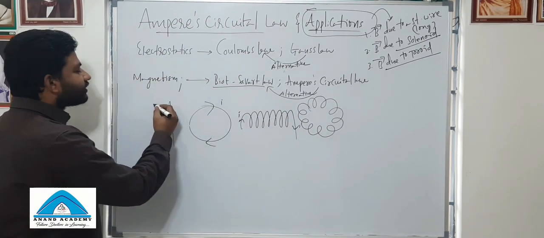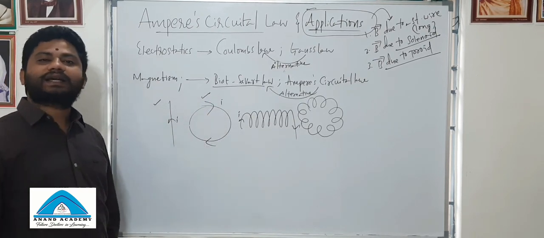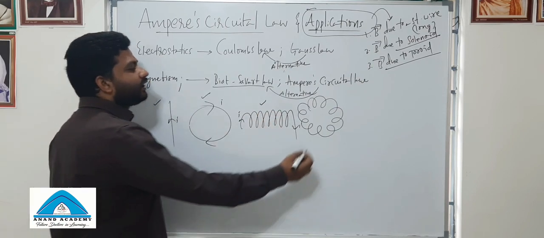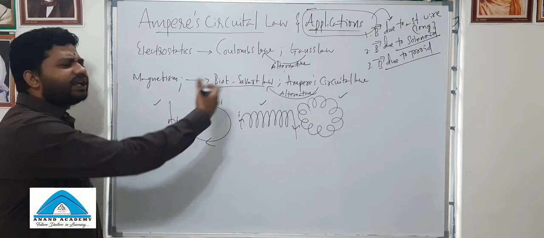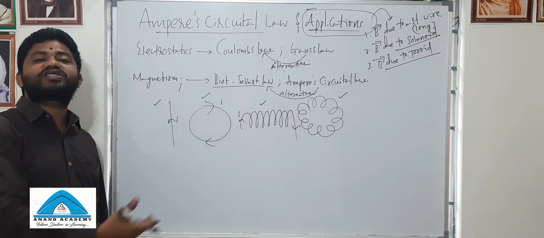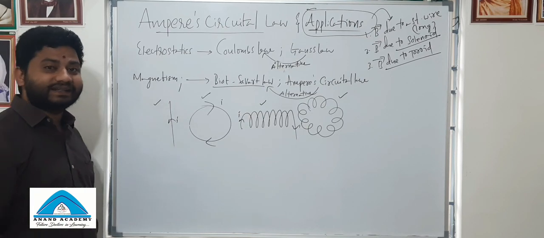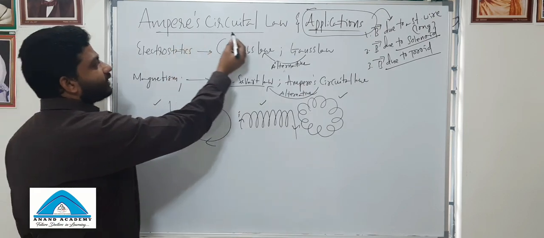Magnetic field due to a straight current carrying wire, magnetic field due to a circular current carrying wire, magnetic field due to the solenoid, magnetic field due to the toroid. The same wire we keep into different shapes and find the magnetic field around it and inside it. Okay, so this is our aim with Ampere circuital law.